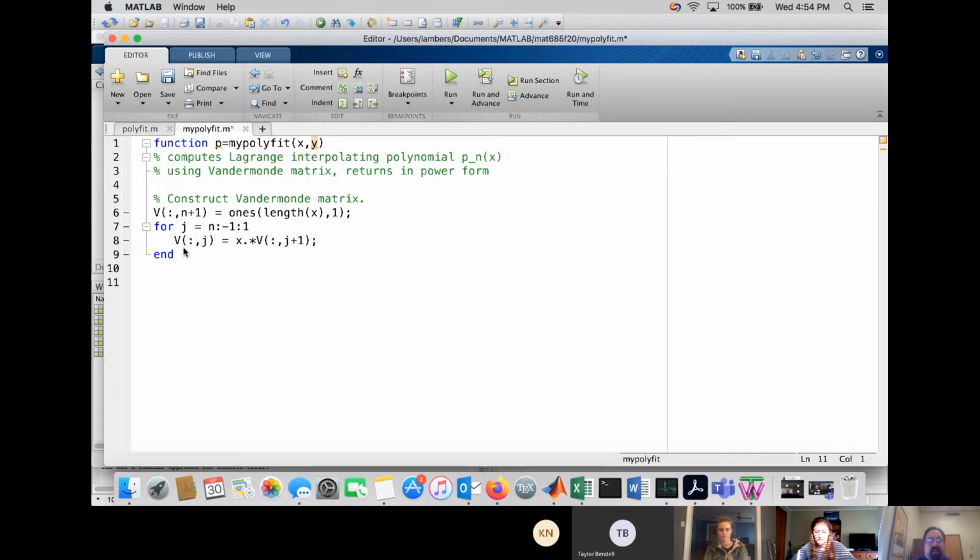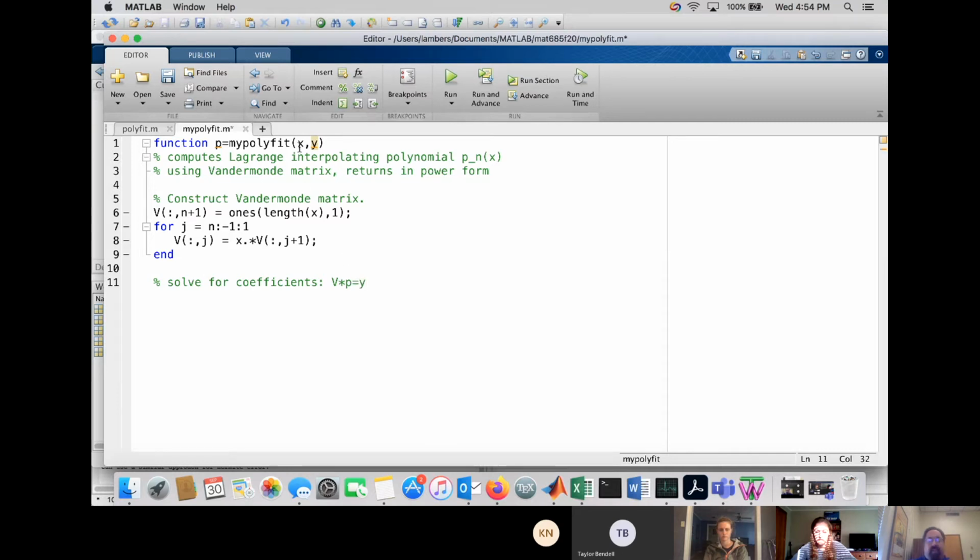Then I need to solve a system of equations, solving for coefficients. So the Vandermonde matrix times my vector of coefficients, P, is equal to the y values.